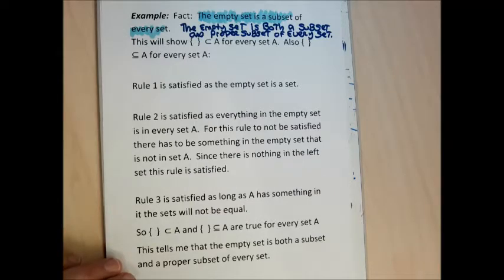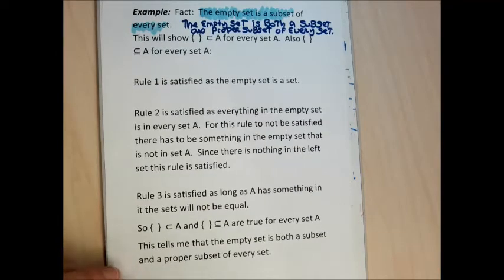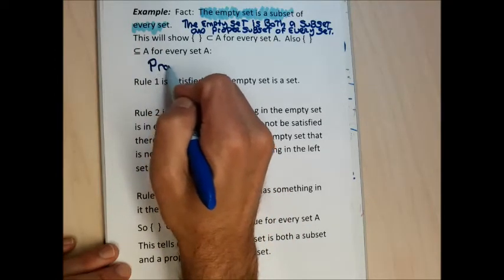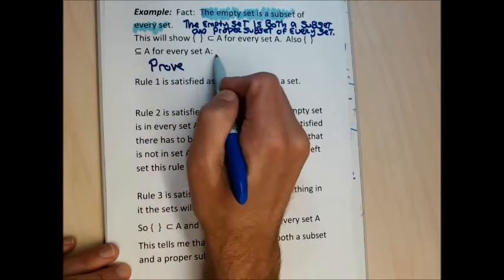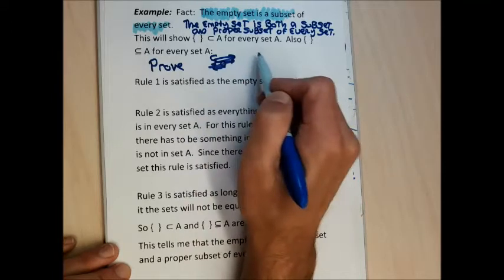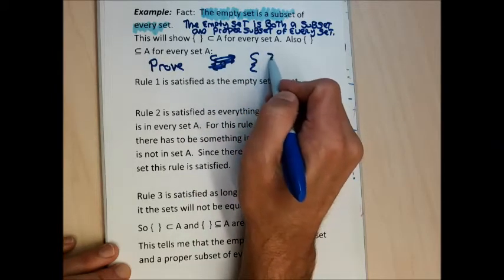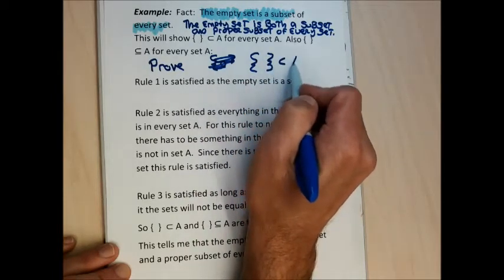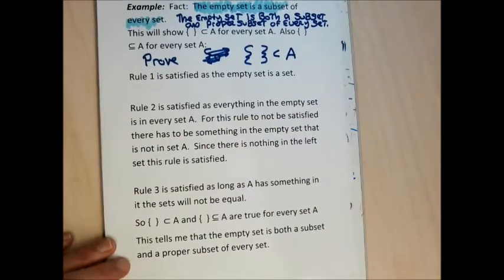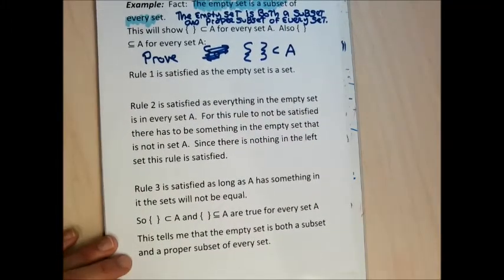So let's talk about if I had the empty set, and I'm going to prove the empty set is a subset of set A for any set A. Well, to be a subset, you need to satisfy just 2 rules.